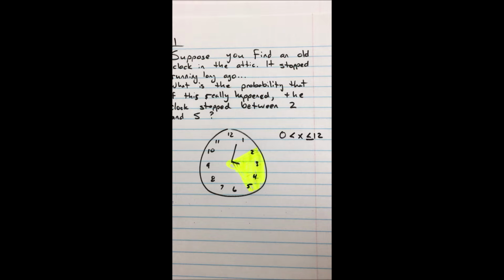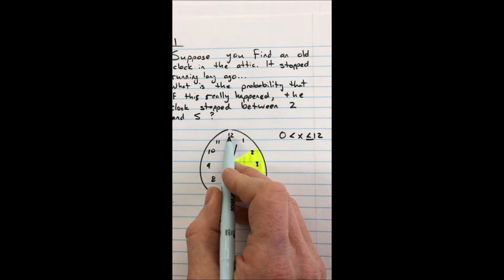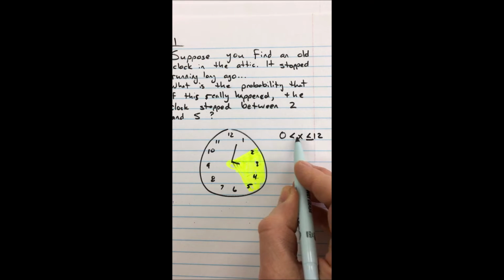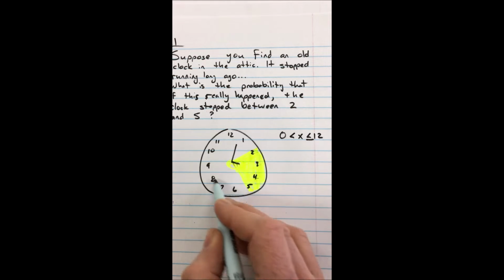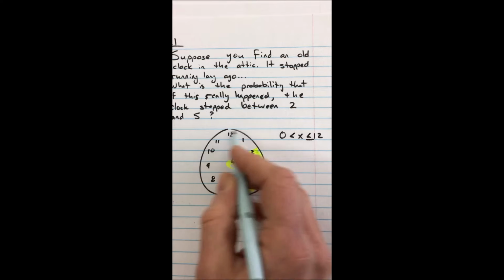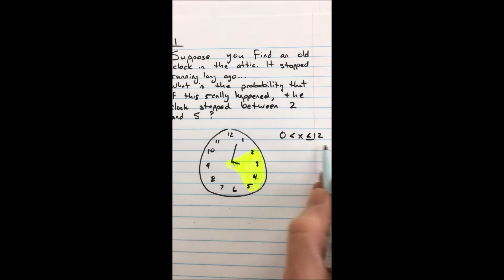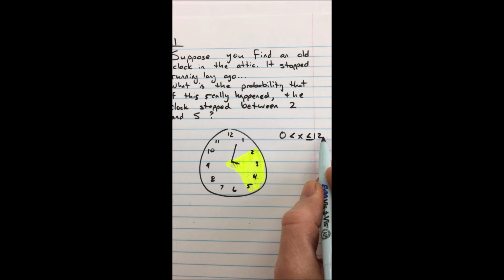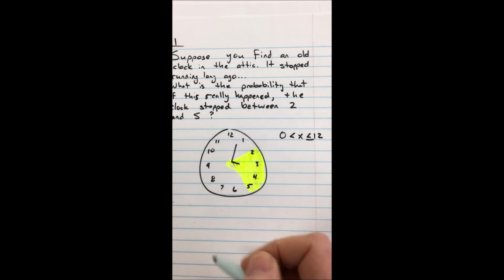Okay, but then I got to noon or the next day or whatever, and time continued to go past 12. But the hour hand still stayed in between 1 and 12, or 0 and 12. The hour hand didn't move to a 13 o'clock. And so what I have is that after 12, I have the same set of possible outcomes.